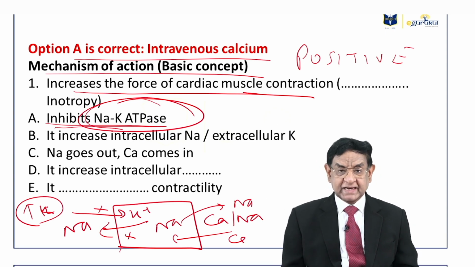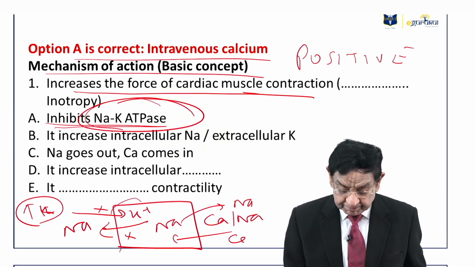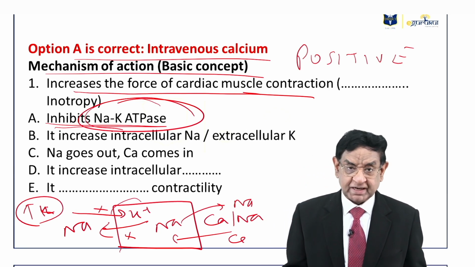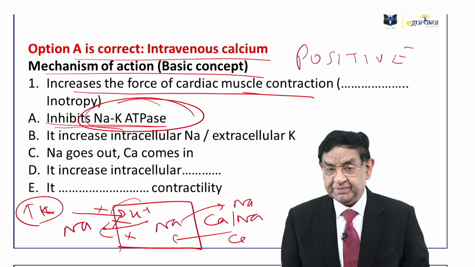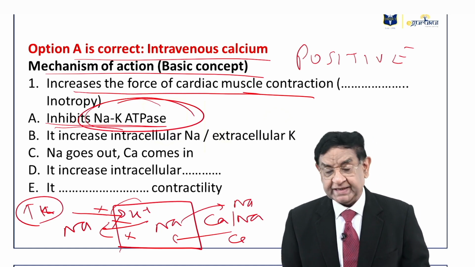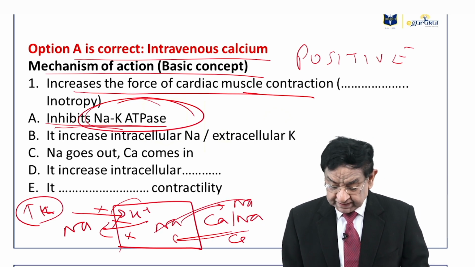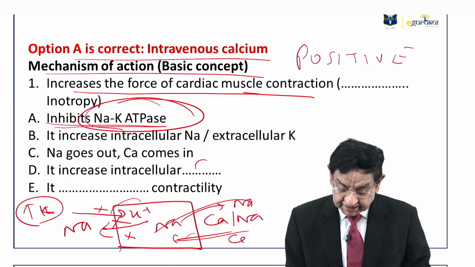Put in a lighter way, initially the sodium was dating potassium. Now there is some conflict, because the enzyme sodium potassium ATPase has been inhibited by digoxin. Now sodium starts dating calcium. Sodium goes out, calcium comes in, so there is an increase in intracellular calcium.